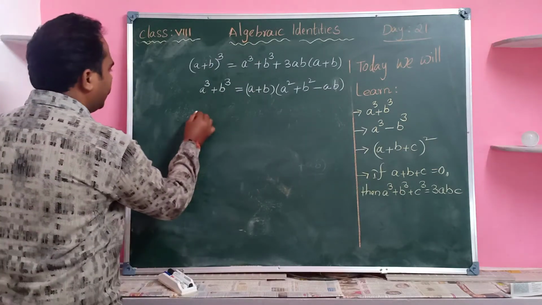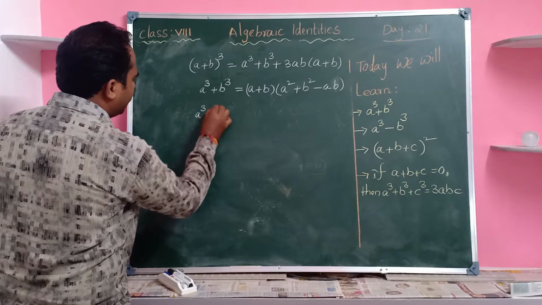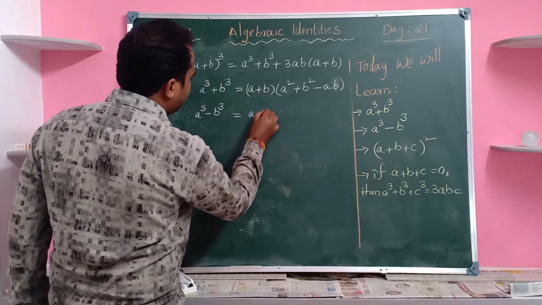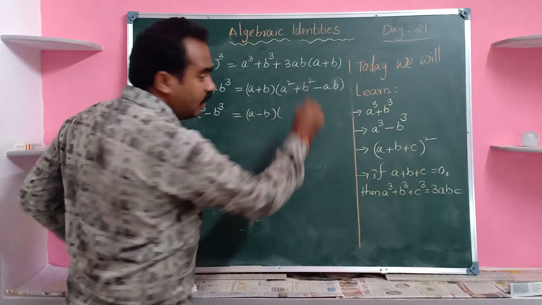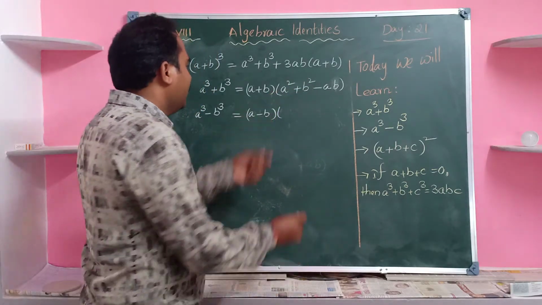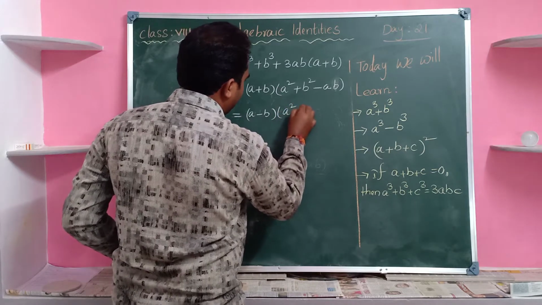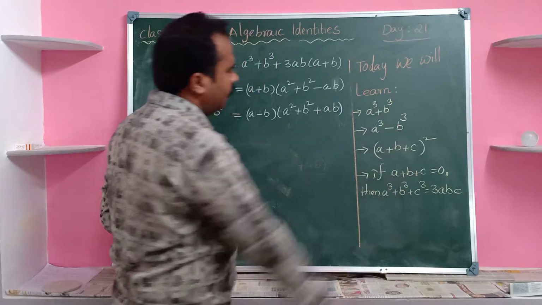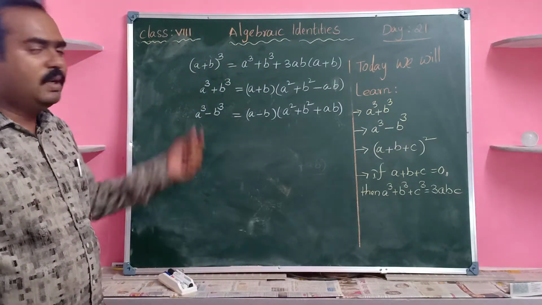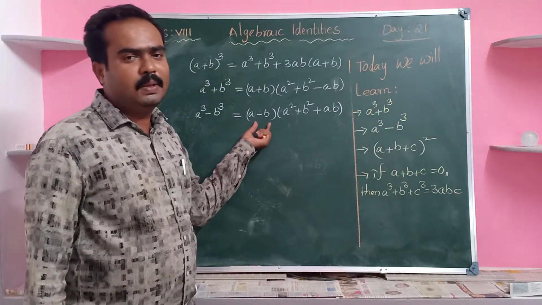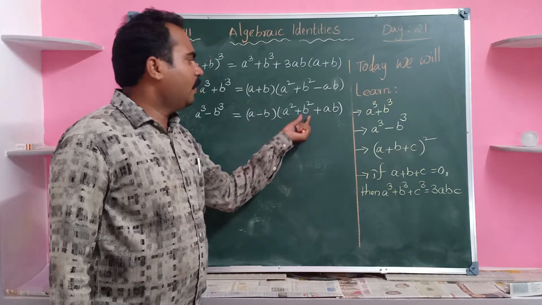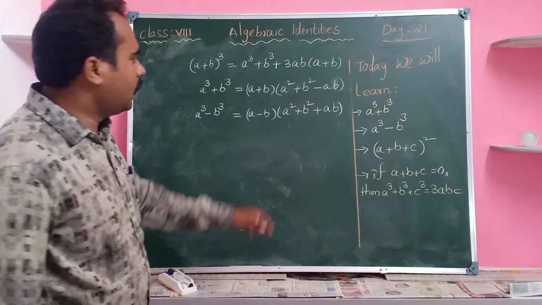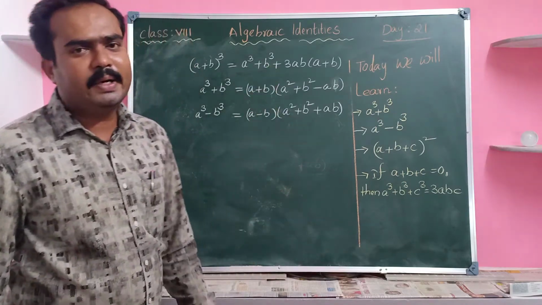Similarly, we can write a^3 - b^3 is equal to (a-b)(a^2 + b^2 + ab). So a^3 - b^3 is equal to (a-b)(a^2 + b^2 + ab). Now we will do some example problems on these two identities.